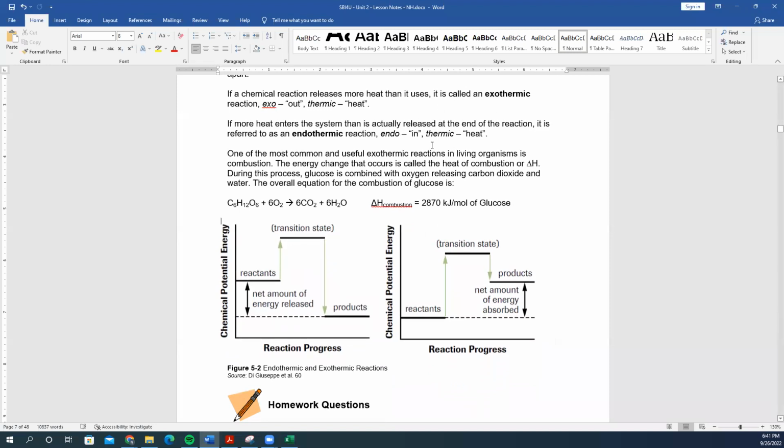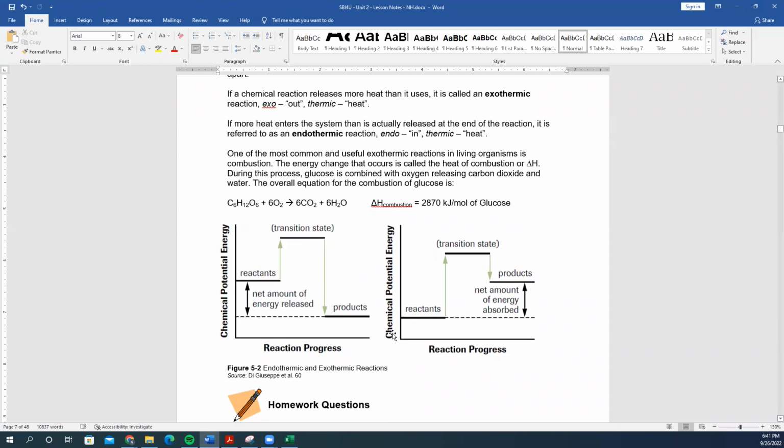So here, remember, we talked a little bit about the endothermic and the exothermic reactions, where in the exothermic reaction, there's more heat released than is used. In an endothermic reaction, more heat enters the system than is released.